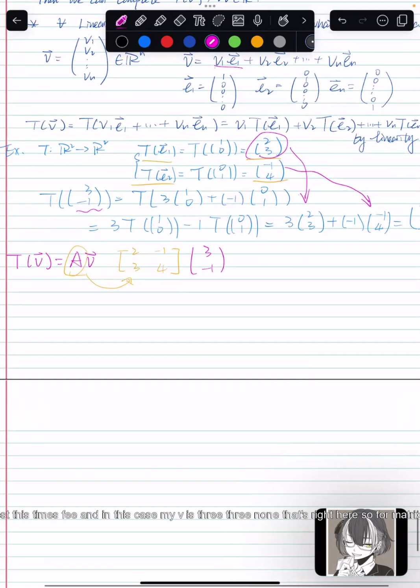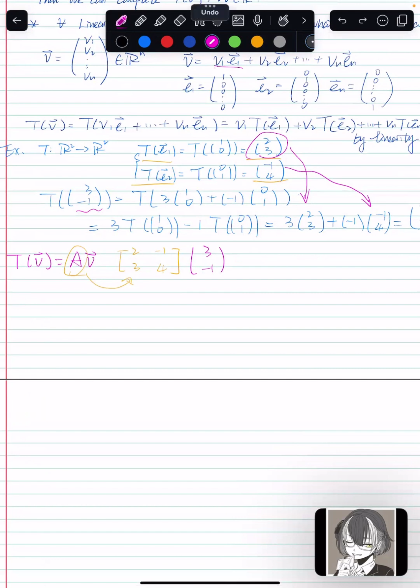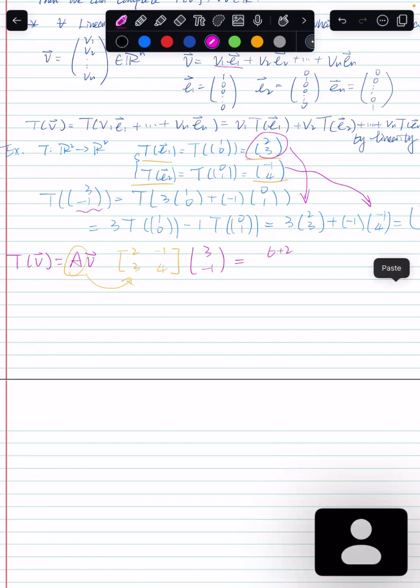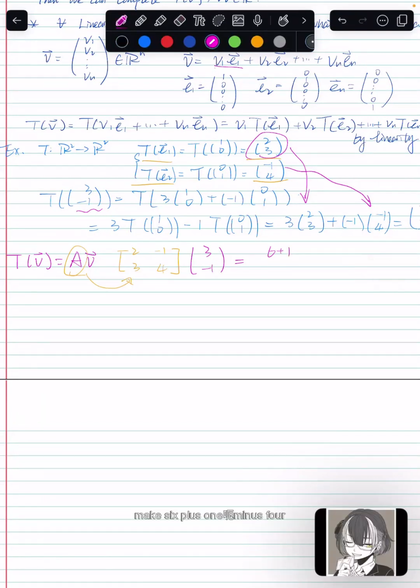So for matrix multiplication, it's 6 plus 1, and 9 minus 4.